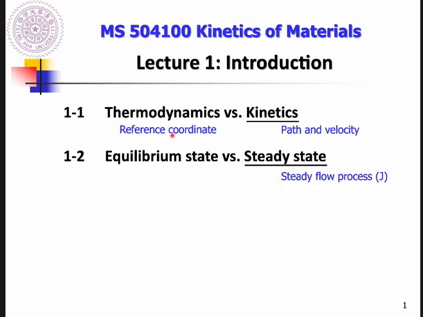So here I can give you an example. The thermodynamics gives you a reference coordinate, right? You can consider it like I live in Taipei, and now Tsinghua University is in Hsinchu. So Taipei and Hsinchu can be considered as a reference coordinate.